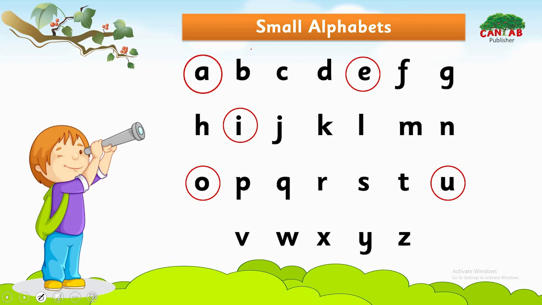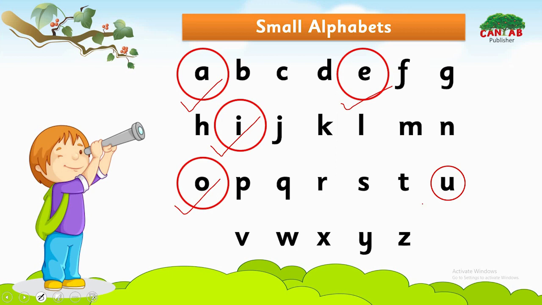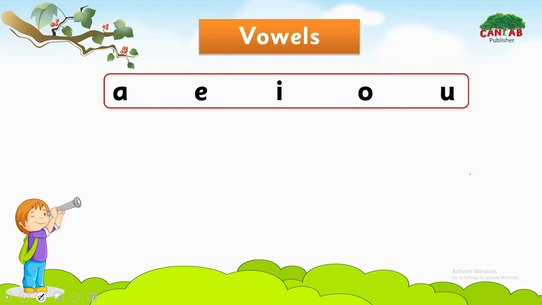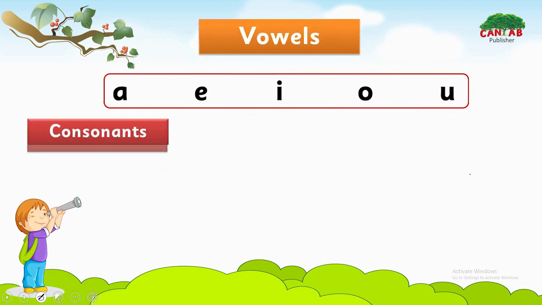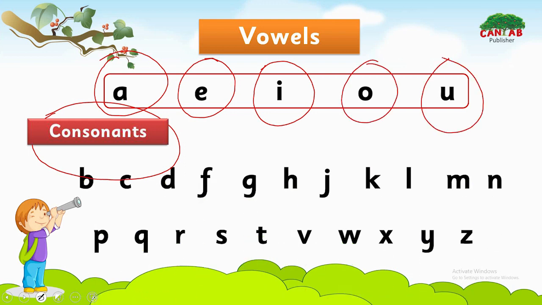These alphabets are A, E, I, O and U. These 5 alphabets out of 26 are known as vowels, and the rest of them are known as consonants.